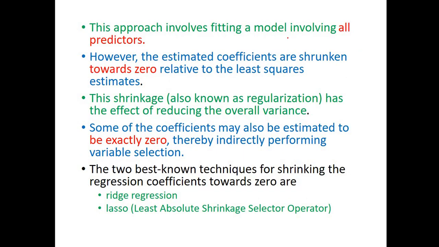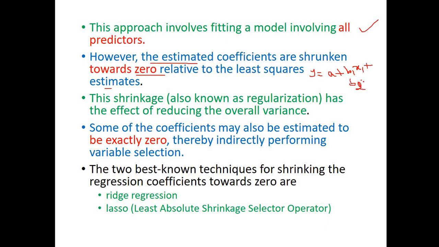This approach involves fitting a model with all predictors, and the estimated coefficients are shrunken towards zero relative to the least square estimates. That means if you assume that y is equal to a plus b1x1, b2x2, b3x3, like that, you have some of the independent variables in the multiple linear equation.